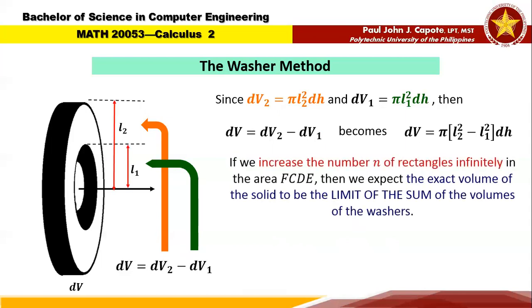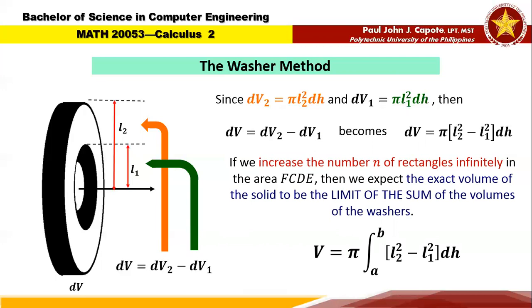Now, if we increase the number n of rectangles infinitely in the area FCDE, then we expect the exact volume of the solid to be the limit of the sum of the volumes of the washers. And we have this general formula to find the volume by the washer method.